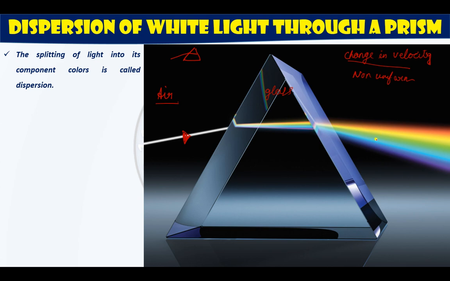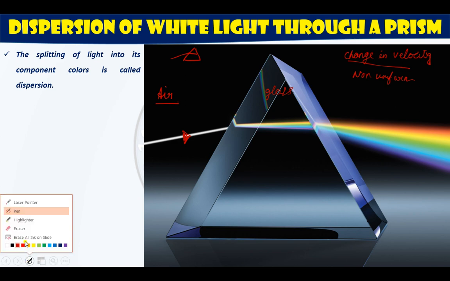This is the reason behind dispersion. See, the actual reason is large, and it is difficult to explain at this point of time, considering the syllabus that we are going through. But I am just giving you a hint that different colors have different velocity in a particular medium, and due to that they undergo bending at different levels, and they are split into 7 colors over here, which we see.